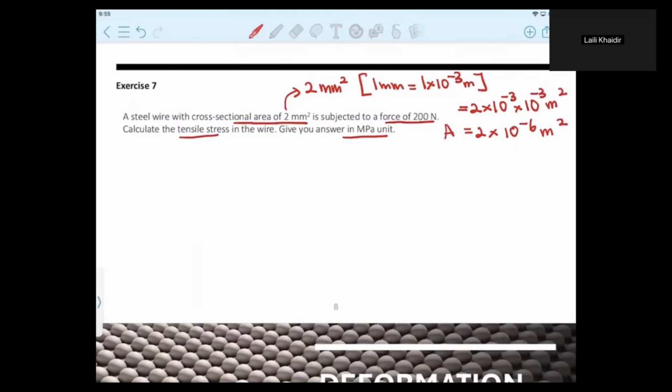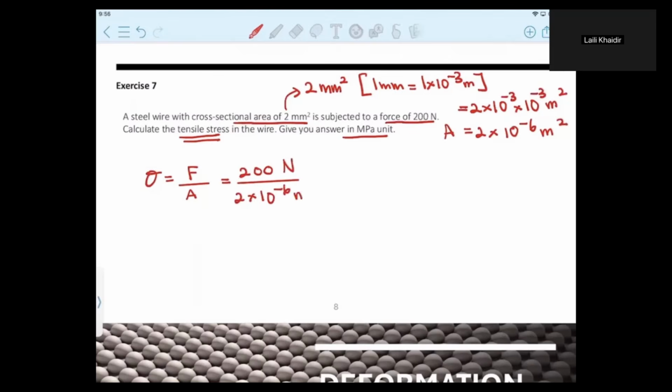Now, tensile stress. What is tensile stress? Stress is equivalent to force per unit area. So force is 200 Newton, which is still in SI unit, so it doesn't matter for that. Over our area, which is 2 times 10 to the power of negative 6 meters squared.